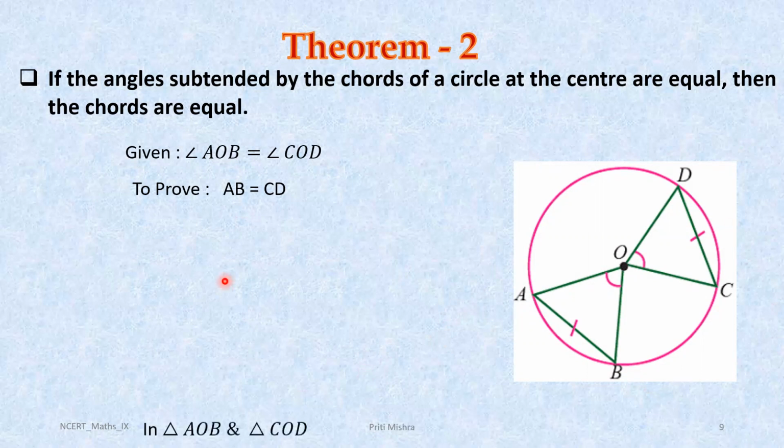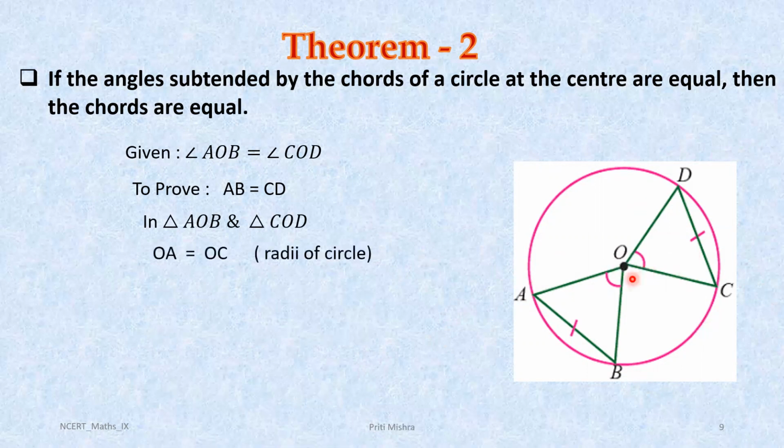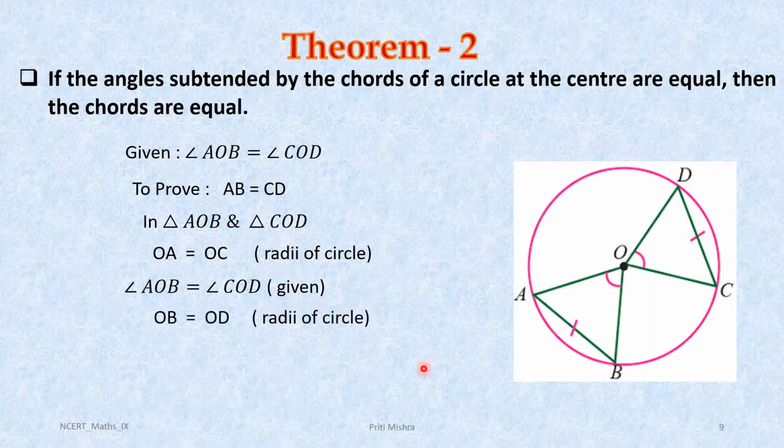So let's prove congruency of triangles. So now in triangle AOB and in triangle COD, we are having OA is equal to OC as these two are radii of circle. Then angle AOB is equal to angle COD. These are two equal angles. It is given in the question. Then OB is equal to OD. These are two radii of the circle.